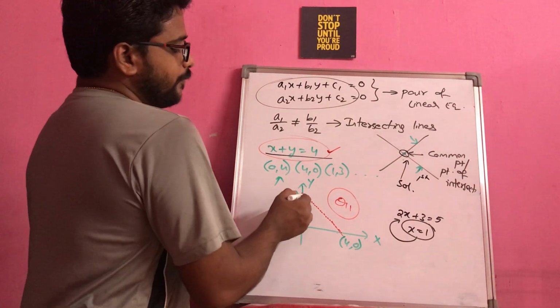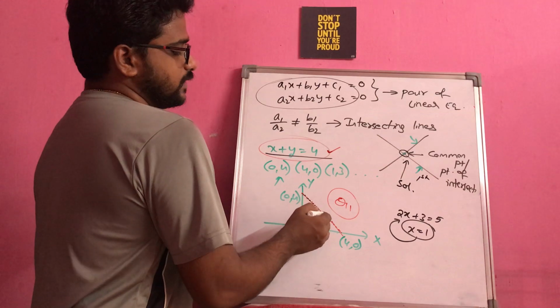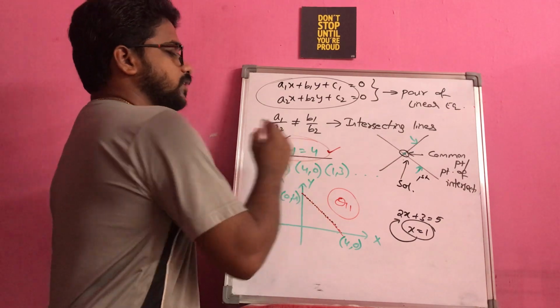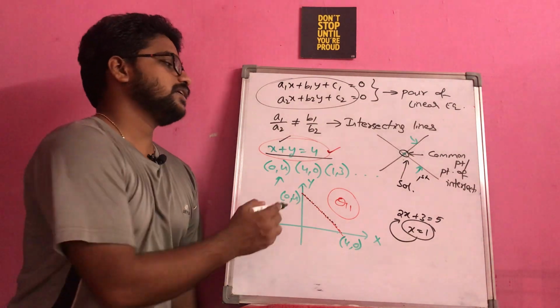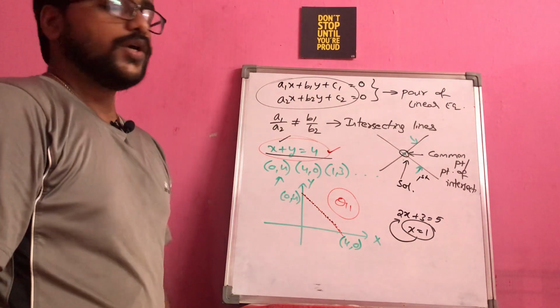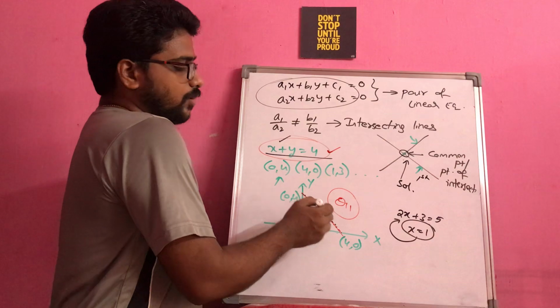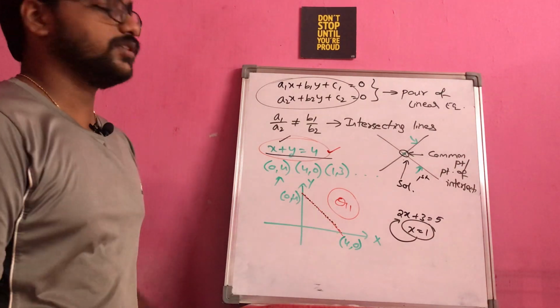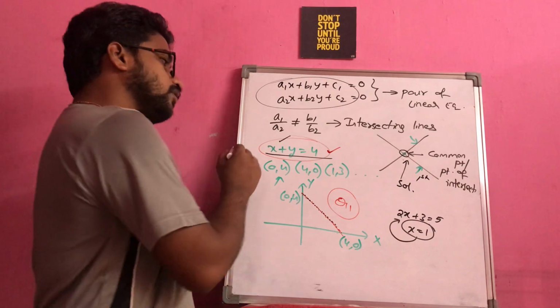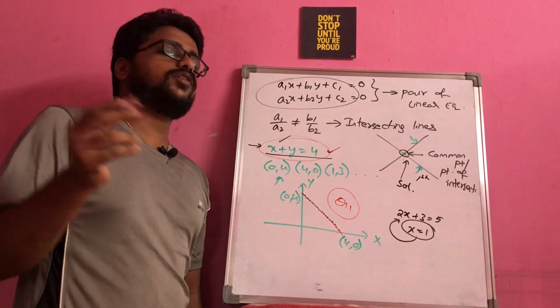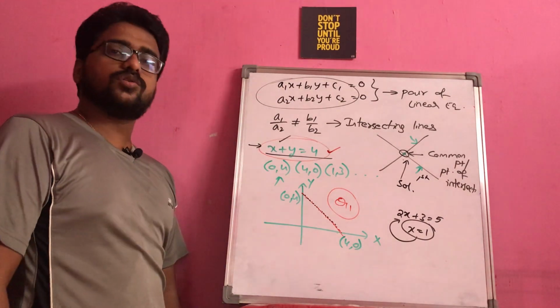Similarly, for all the points that exist on this line, if I substitute them in this equation, I find that all these points are satisfied by this equation, which means these are called infinite solutions for this particular equation. So if you have only one equation, you will get infinite solutions.